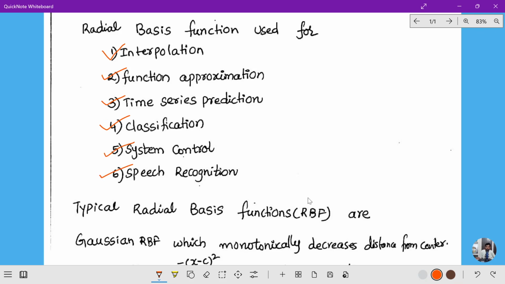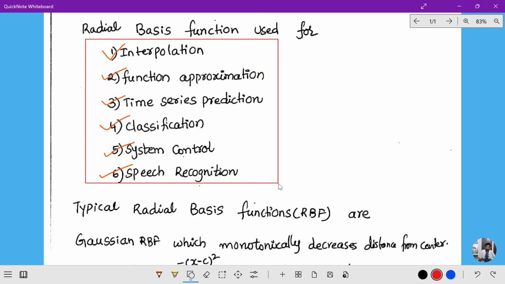So we are using the radial basis function in all six of these aspects. Everyone should remember these uses of the radial basis function.